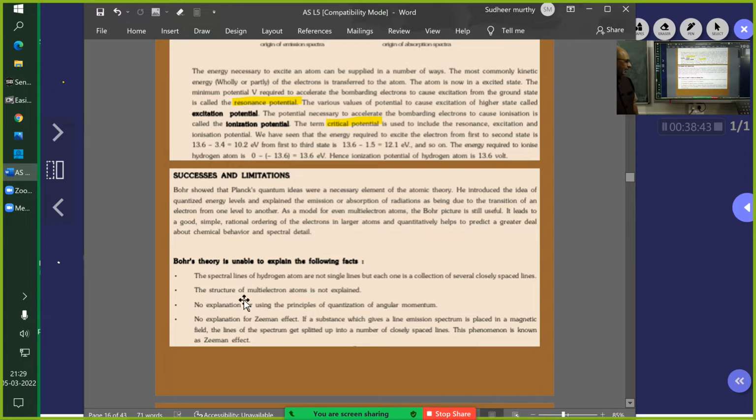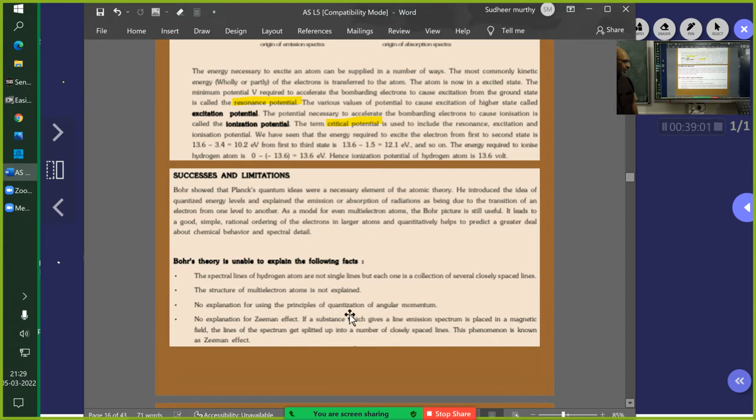The structure of multi-electron atoms is not explained using the Bohr theory, because the Bohr theory could not explain why there will be line by line splitting. There is no explanation for the principle of quantization of angular momentum.